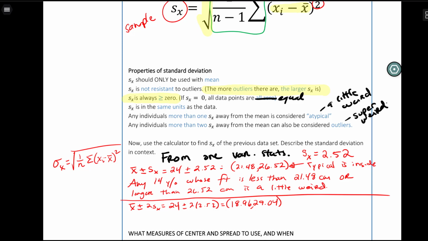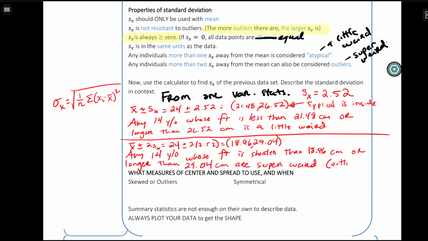And what we would say is kind of the same thing. Any 14-year-old whose foot is shorter than 18.96 centimeters or longer than 29.04 centimeters is going to be super weird. In fact, that is our exact outlier rule that we talked about in our last lecture.